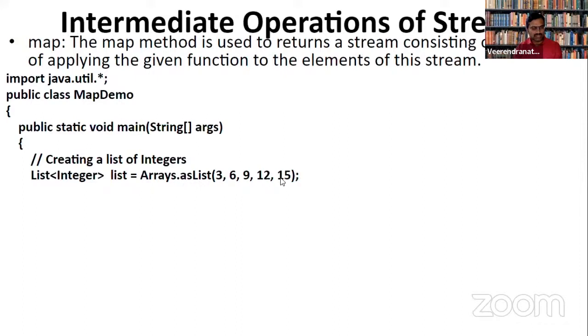These elements are going to be the list of elements. This is the simplest way to create the list. Otherwise, when you are using something like ArrayList, you have to add the elements one by one. So this is the best way.